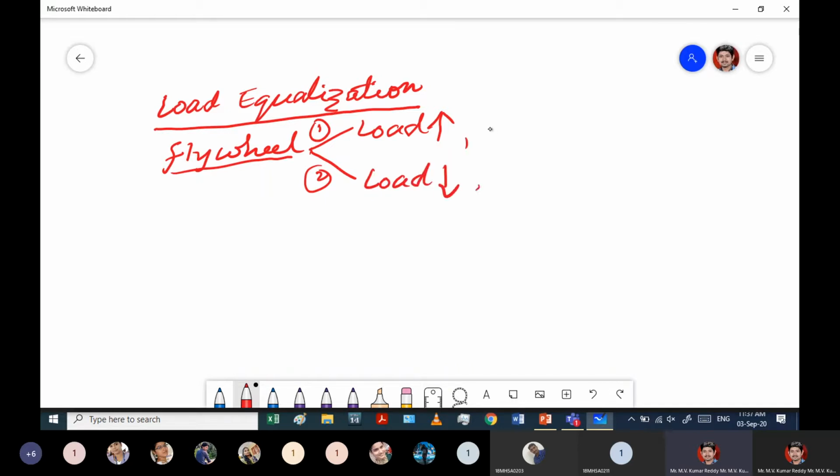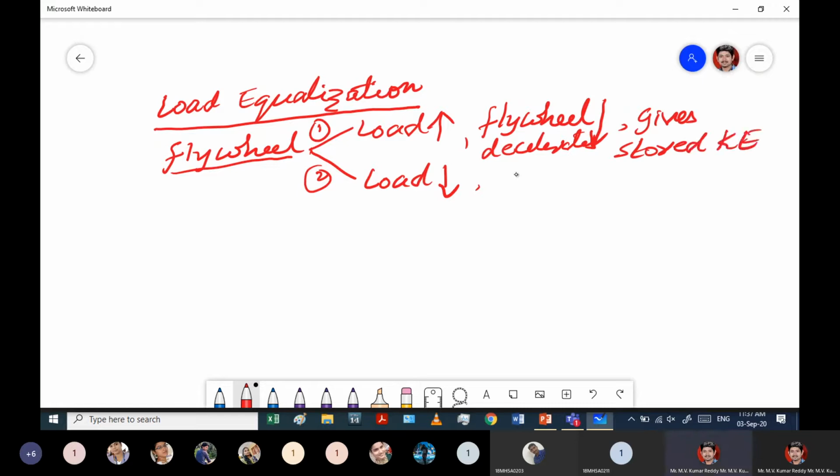When the load is increased, the flywheel decelerates and gives out stored kinetic energy.